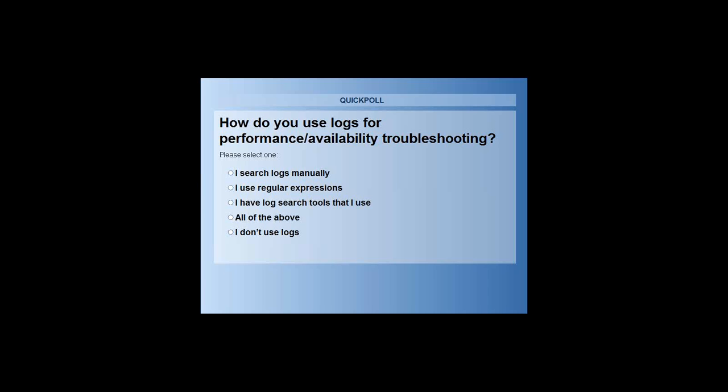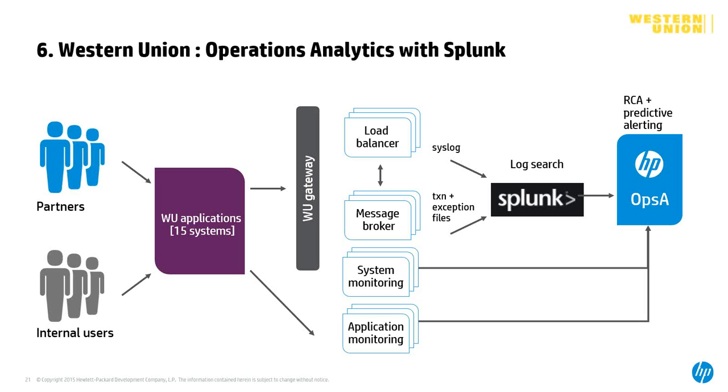So all of these partners and internal users are accessing Western Union's important applications, and that information goes into what Western Union calls their gateway, where all the money transfer transactions go through.